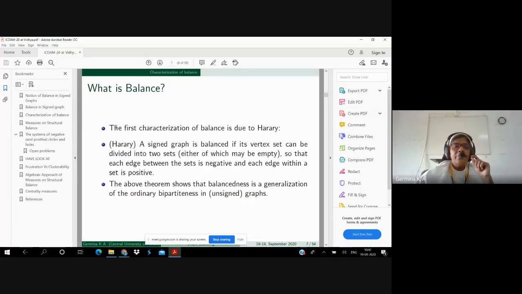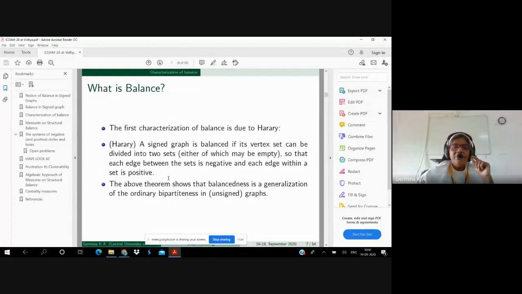Another famous characterization for a signed network is: a signed network is balanced if its vertex set can be divided into two sets, either of which may be empty, so that each edge between the sets is negative and each edge within a set is positive.